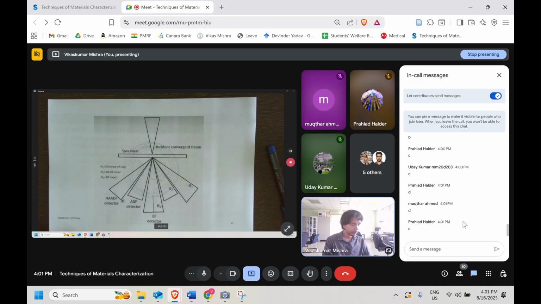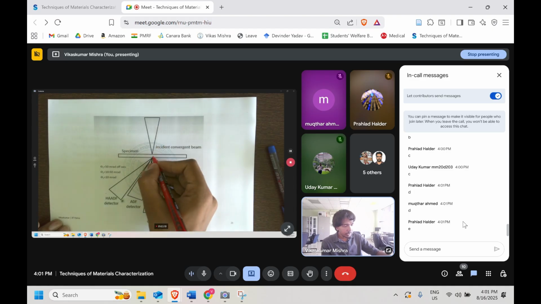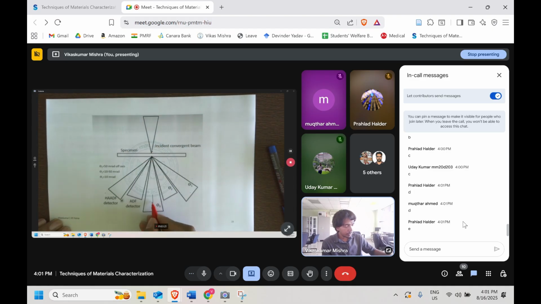So now here in the TEM, this was the incident beam, and this is the direct beam. The direct beam we call the bright field detector. Now there are various detectors. There is the annular dark field detector.